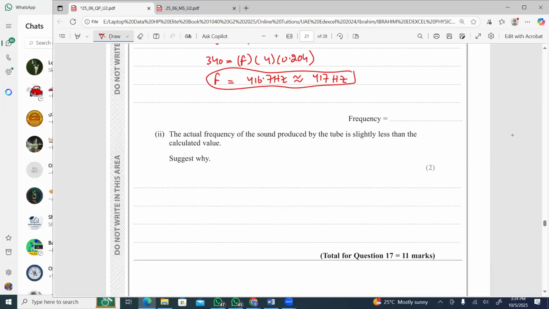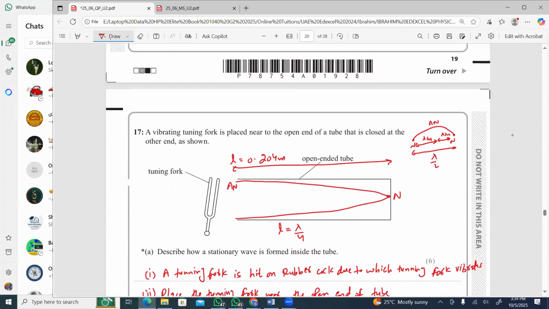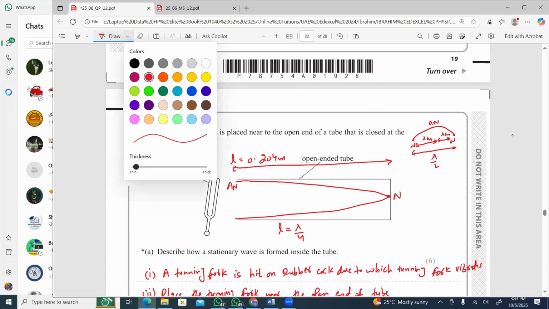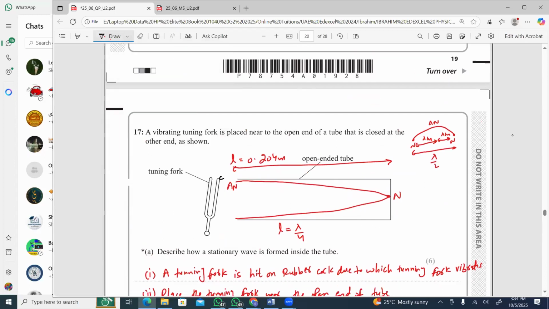So if you take a look at the diagram, you will see a gap between the tube and the tuning fork. And we have calculated the wavelength for only this part. And actually the total wavelength should be this much, right? So the wavelength that we are calculating is less than the real one.